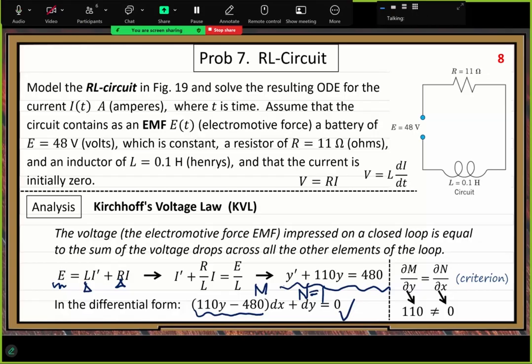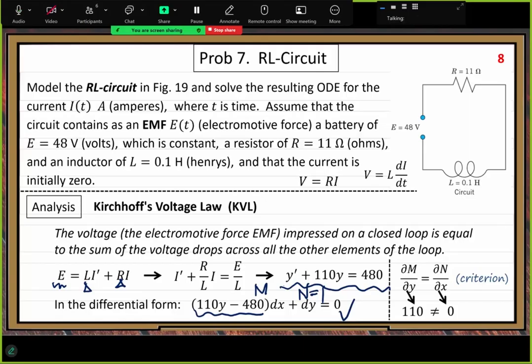Then we can use the total differential method to find a solution. So we need to do some extended work, try to find a way to make it exact. So our next question: how to make it exact?